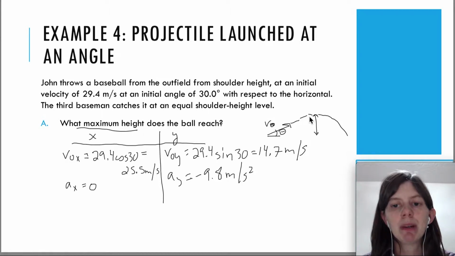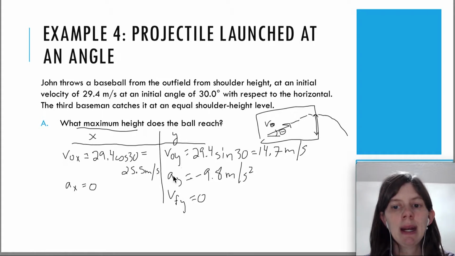Well, we talked about in a previous slide that in the y direction, the object stops here because then it goes back down. So we know that Vfy is equal to 0 if we split our problem in half. We don't care about what happens in the second half, just when it gets to the maximum height. And now we have three variables.